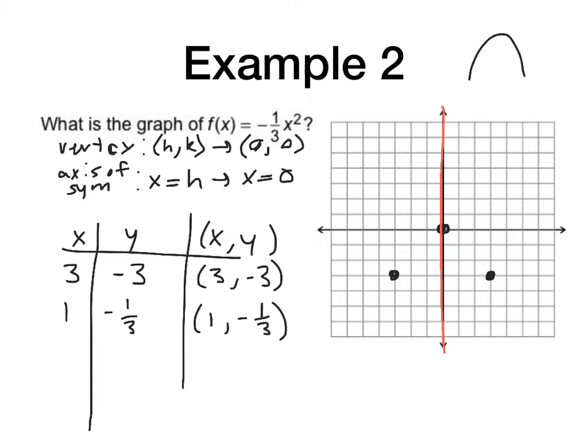So we're going to go to the right 1, and then we're going to go about 1/3 down. So it's going to look somewhat like that. And now that we have at least 2 points, we can draw our parabola.